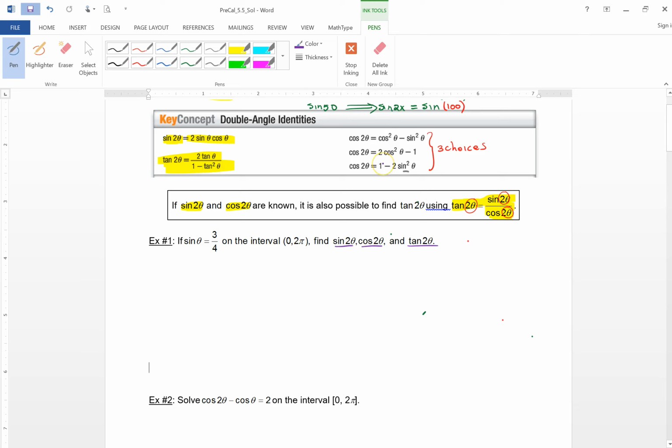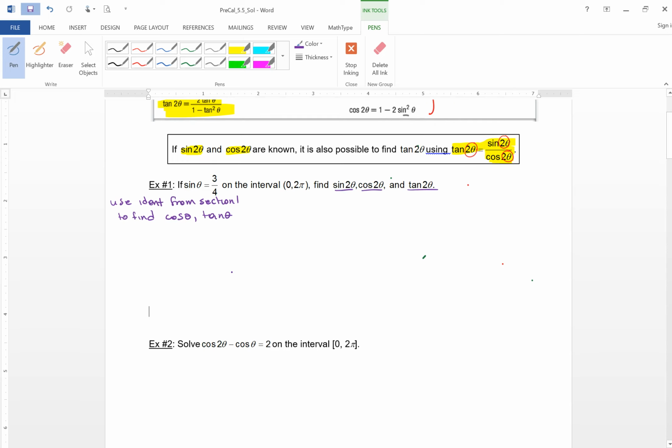So what I need to do first is use the identities from section 1 to find cosine theta and tangent theta. I'm not even going to start with the identities from this chapter yet.